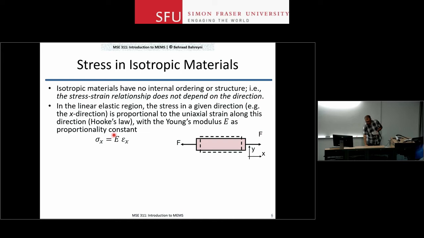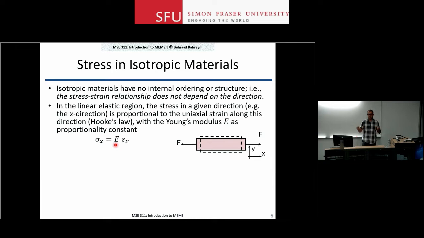And we show that dependence through this coefficient here, E, which is called the Young's modulus of elasticity. So E is a constant, it's a property of the material that relates the stress and strain when the device is in its linear range of motion. This is Hooke's law, right?